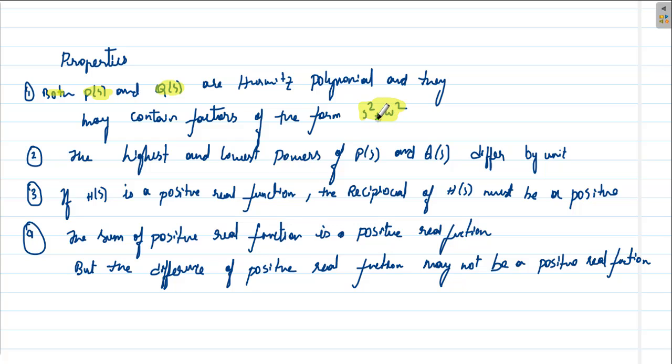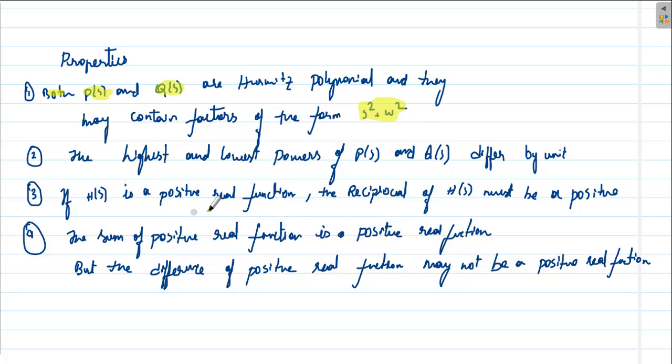The second order means you will have a capacitor and inductor here. The other property is that the highest and lowest powers of P of s and Q of s differ by unity. They differ by an order of unity.